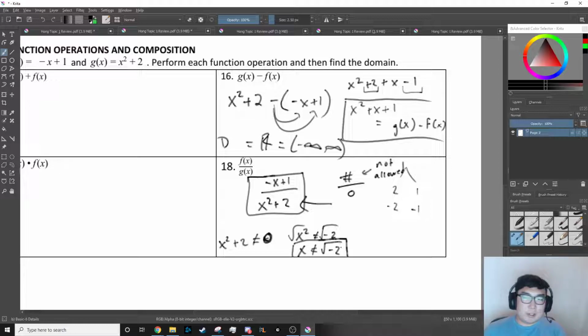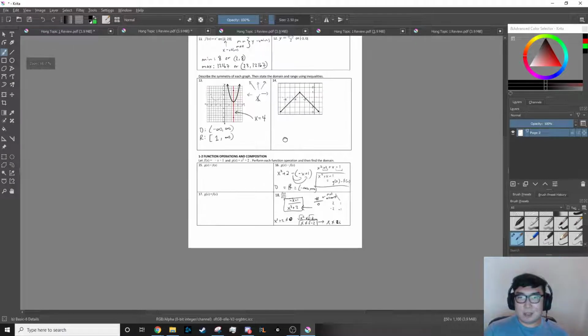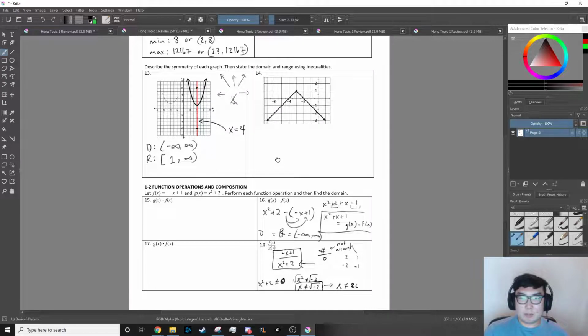But we know that we can't take a square root of a negative, and we're going to be learning that next, throughout the semester. But just know that this is the same as x cannot equal 2i, and that is just a preview of what we're going to do in the future of the lesson, or in this year. But yeah, page 2, not too bad.